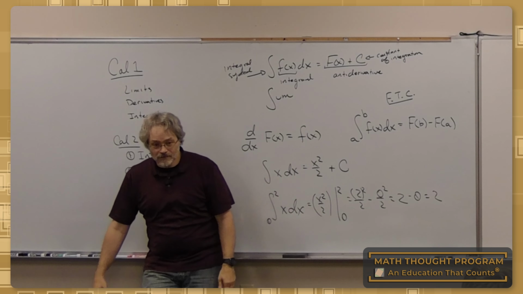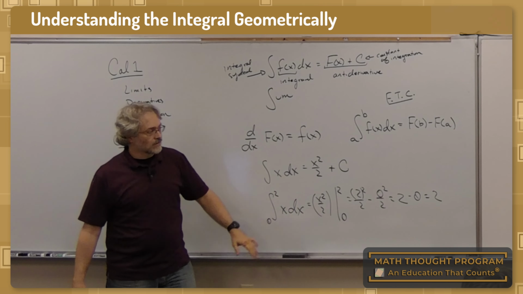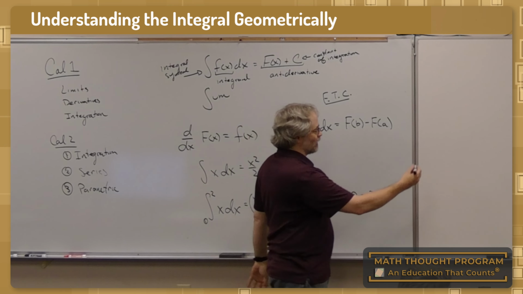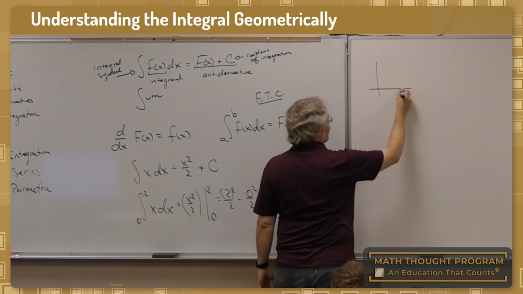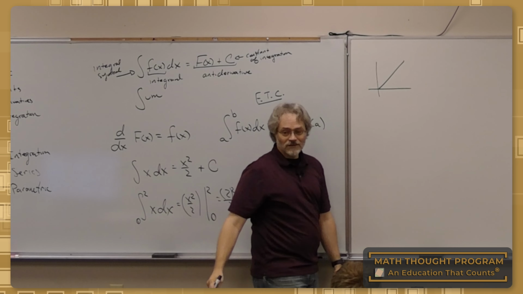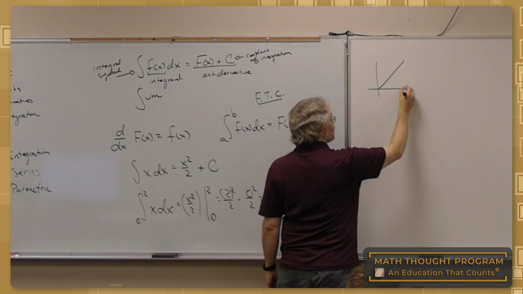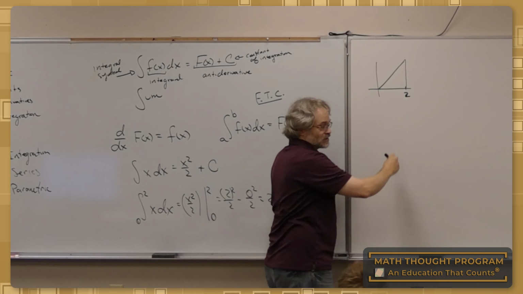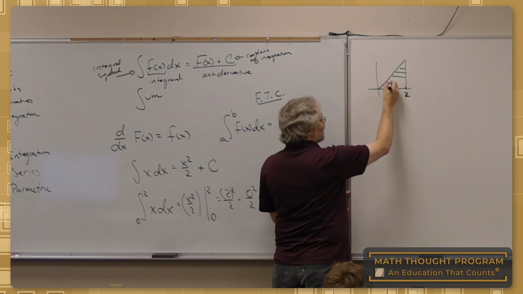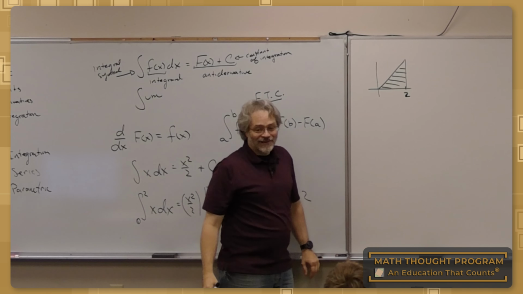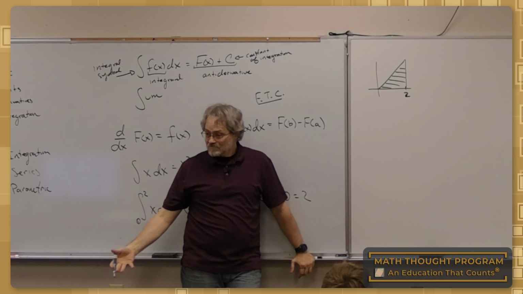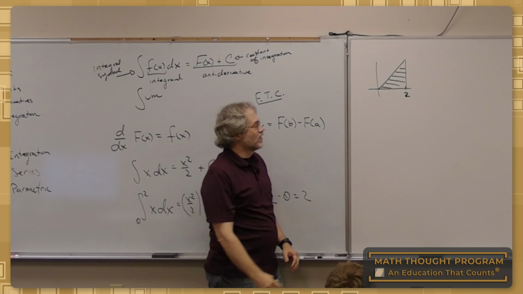What's the curve? It's x. What does that curve look like? It's a line. It forms a 45 with a horizontal. Goes from 0 to 2. And what I just discovered was, roundabout way, the area of that triangle. That's how I can use integration.